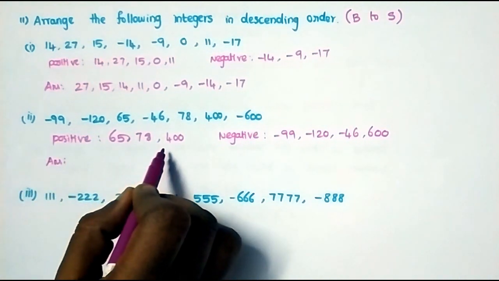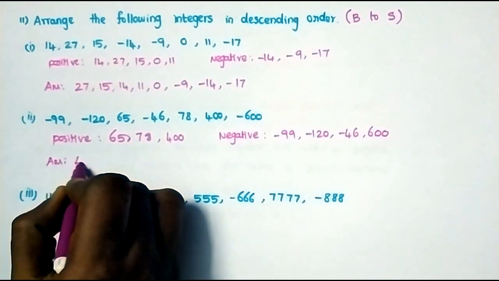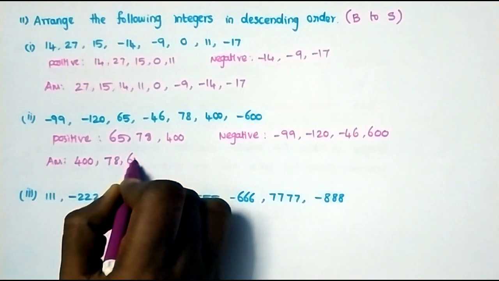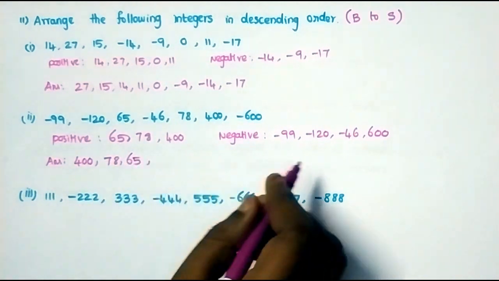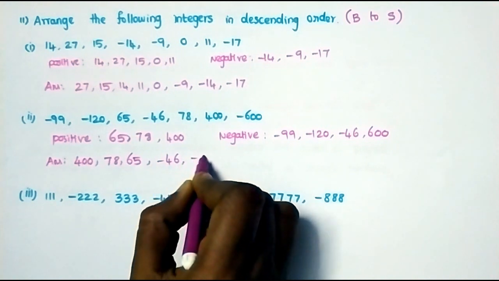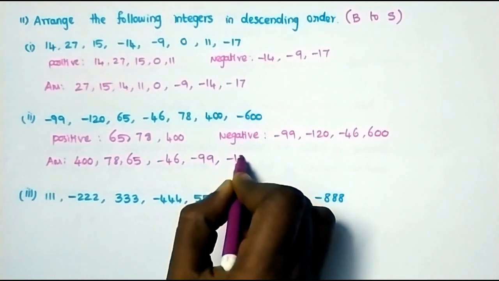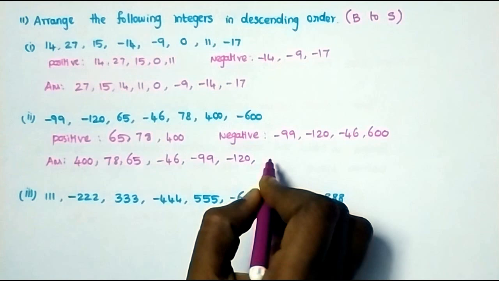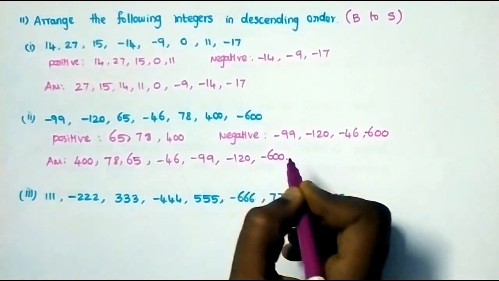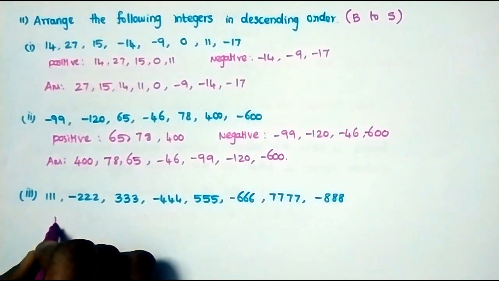Which one is the biggest one? 400, and then 78, and then 65. Next here minus 46, minus 99, minus 120, then minus 600. That is the answer.